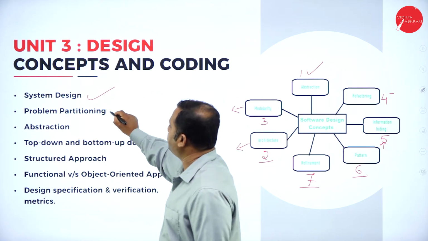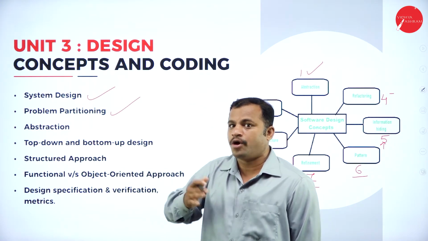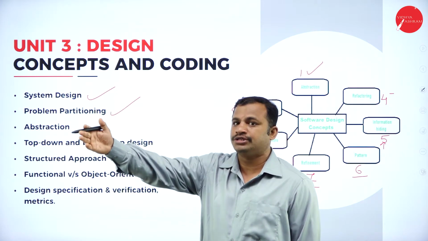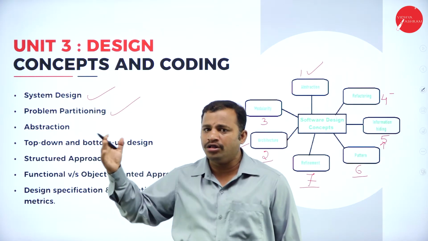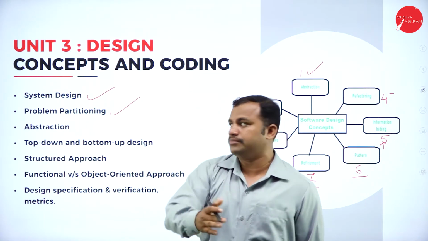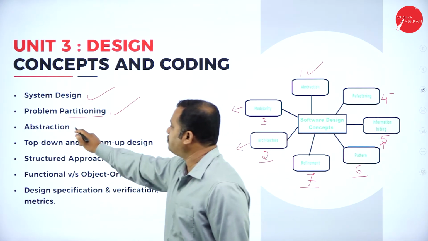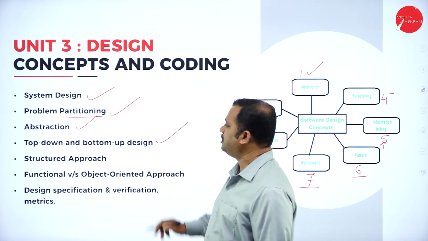Similarly, problem partitioning, as I told you, is dividing the big problem into smaller sub-problems and finding a solution to the smaller sub-problems, integrating all these smaller sub-solutions together to form a solution to the big problem. That is called partitioning the problem into smaller sub-problems. Then abstraction, top-down and bottom-up design.